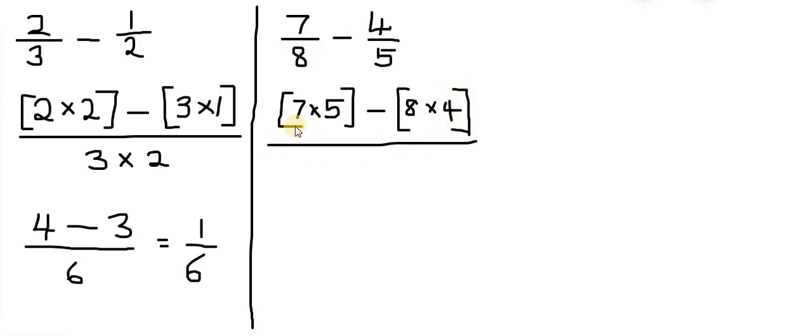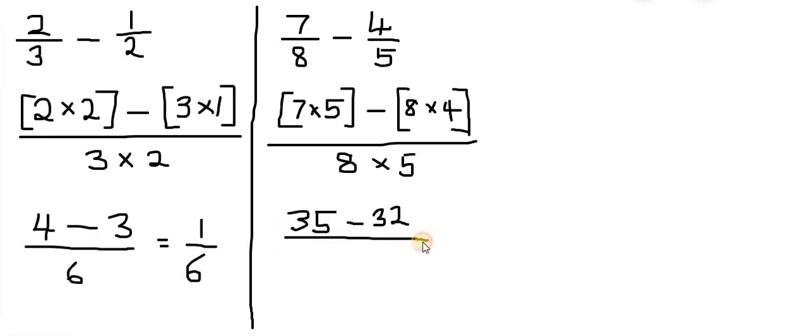And at the bottom we have along 8 times 5. 7 times 5, 35, minus 8 times 4, that's 32. At the bottom, 8 times 5, that's 40. So 35 minus 32, that's 3. At the bottom, still 40.